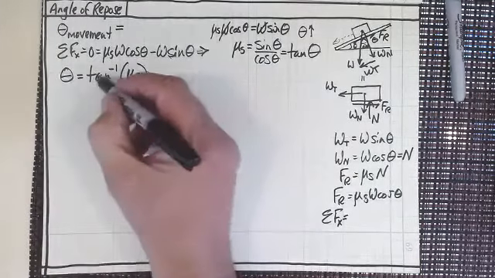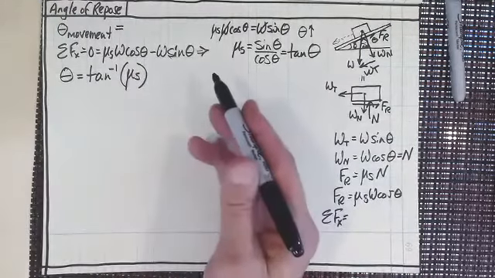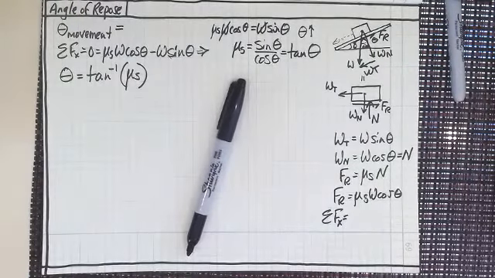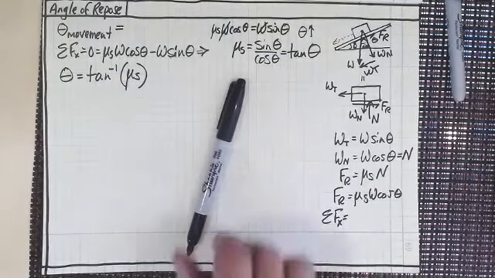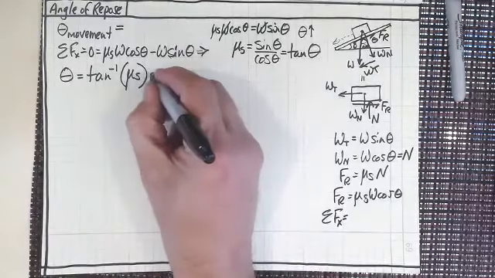So if I find out that mu sub s is 0.6, what would that be? Well, we know that 1 is going to be 45 degrees. So the inverse tangent of 0.6 is going to be less than that. In fact, it's going to be 30.96.